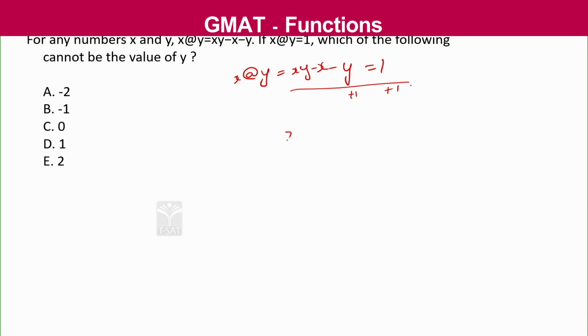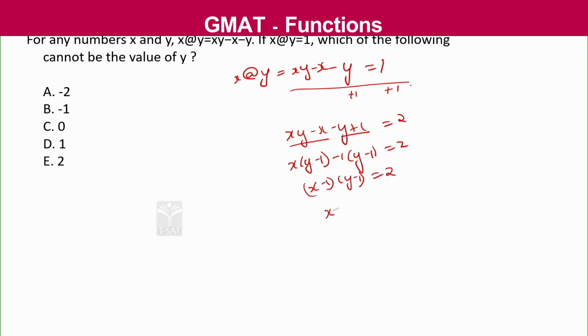So by adding 1, you have xy minus x minus y plus 1 is equal to 1 plus 1, 2. You can take x common from here, you will have x into y minus 1, and you can take minus 1 common from here, minus 1 into y minus 1 is equal to 2. So x minus 1 into y minus 1 is equal to 2.